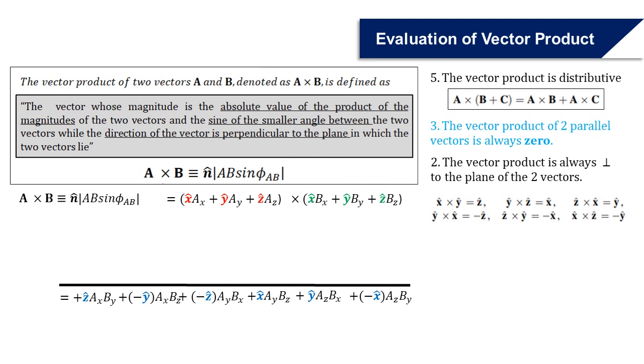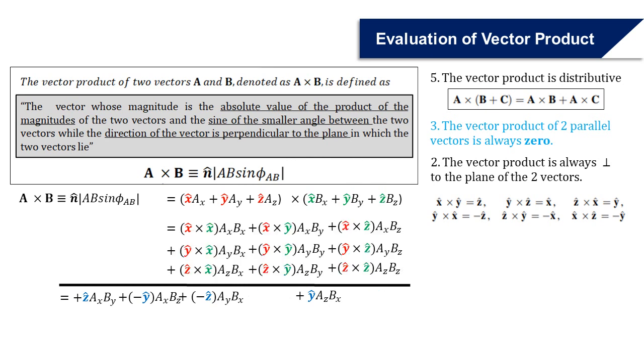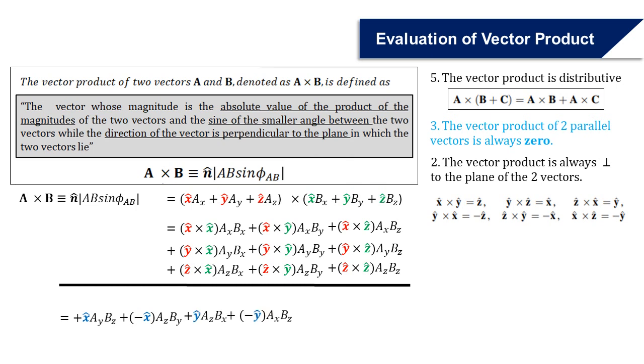So, pwede pa siyang ma-simplify kung tutuusin. Okay? So, pagsasamahin natin yung mga same axis. So, yung x hat, pagsamahin natin. So, anong lalabas dyan? So, yung dalawa na yun, pagdikitin lang natin. Then, sa y naman, itong negative y tsaka y. Yan. And then, sa z, in-arrange lang natin siya accordingly so that mas madali nating ma-evaluate.